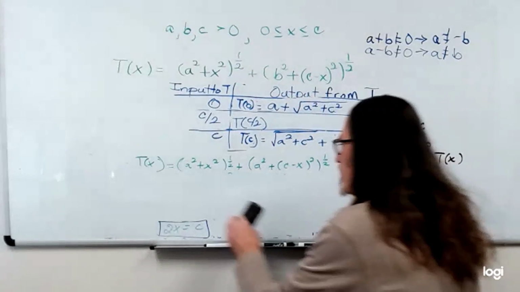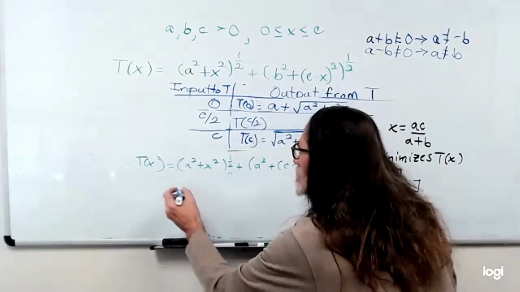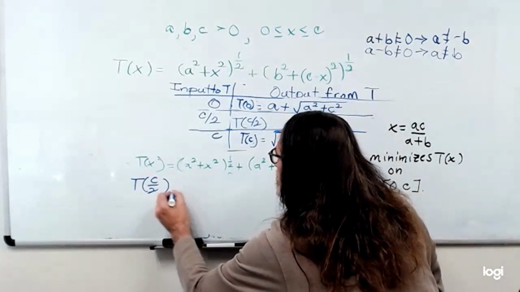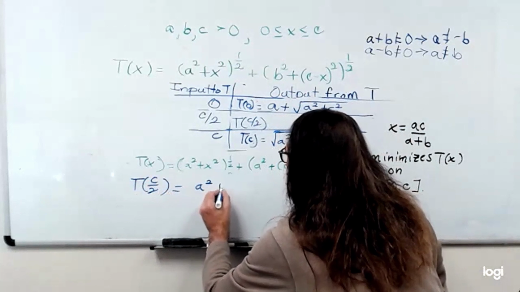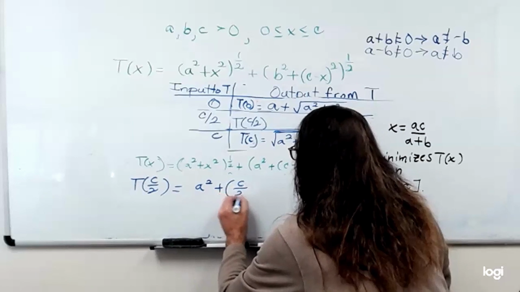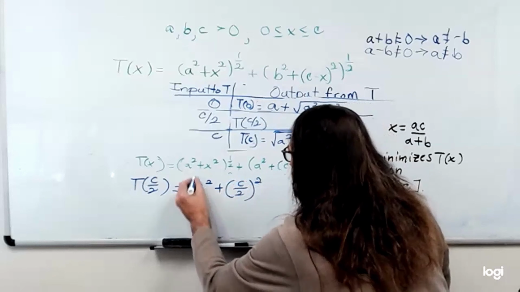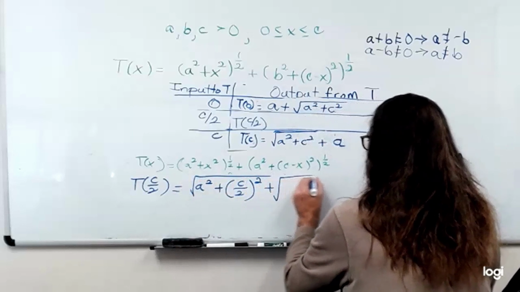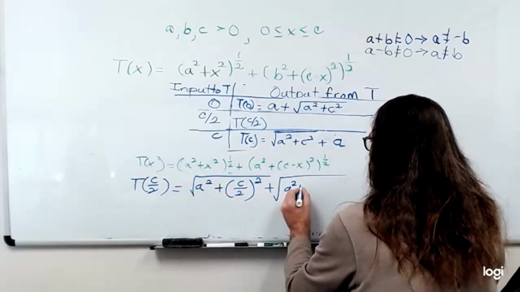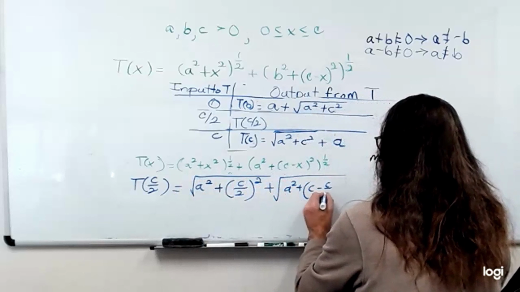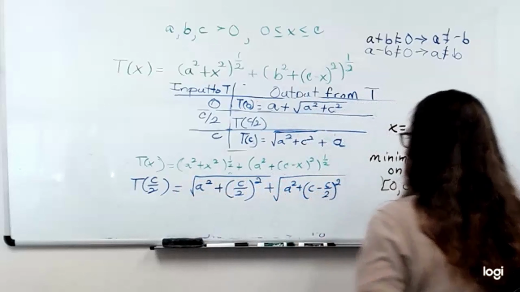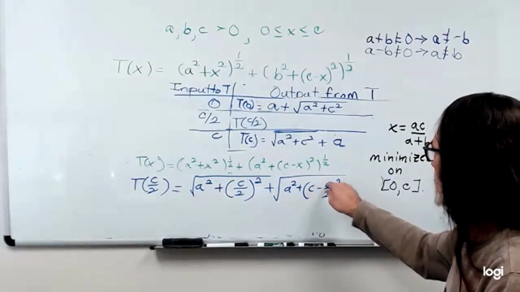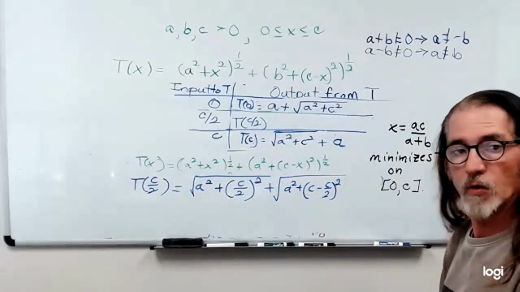What about when we put in c over 2 for x? C minus c over 2, that would be 2c minus c all over 2, so just c over 2.